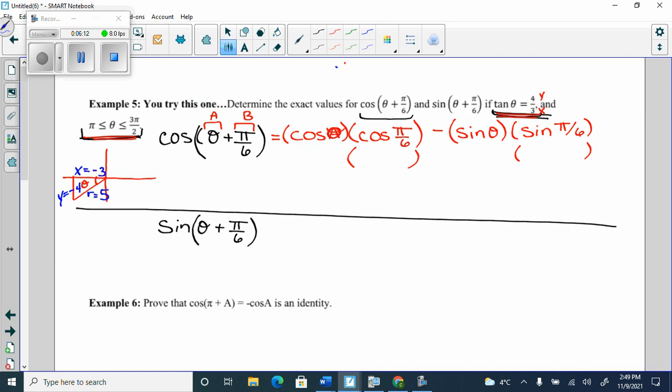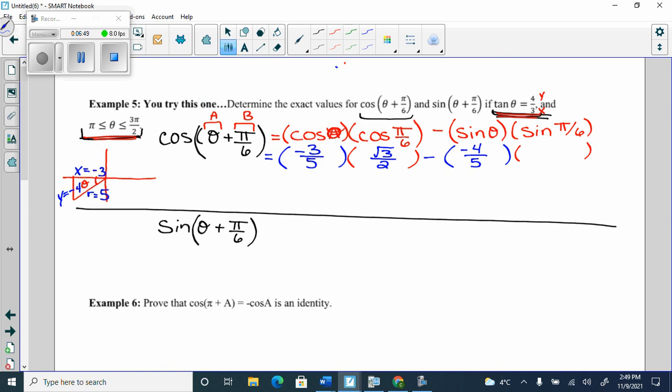Okay. So what is cos of the theta triangle? Cos of the theta triangle is x over r. So it's negative 3 over 5. Minus, what's sine of the theta triangle? Sine is y over r. Negative 4 over 5. Cos of pi over 6 is root 3 over 2.